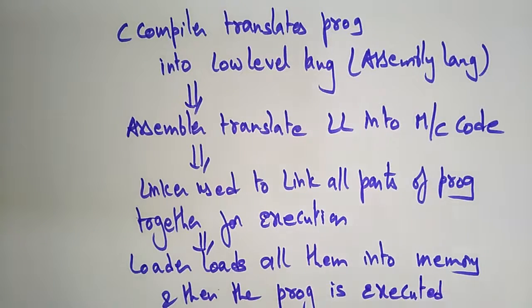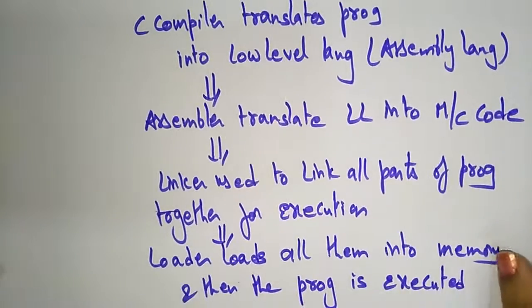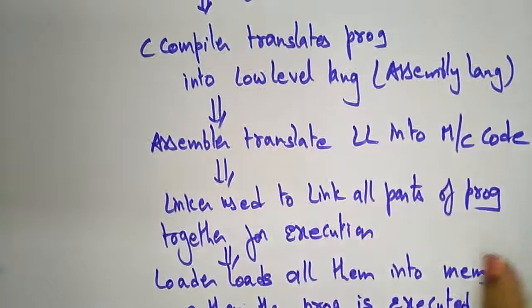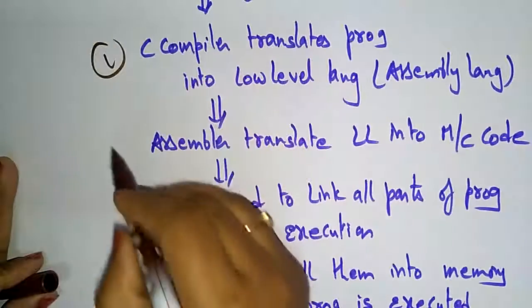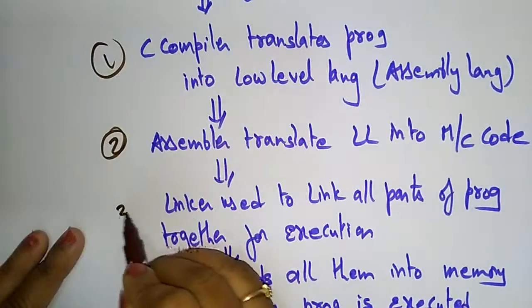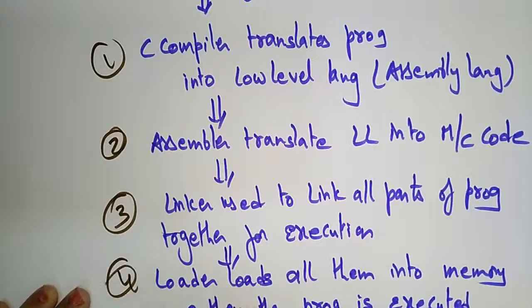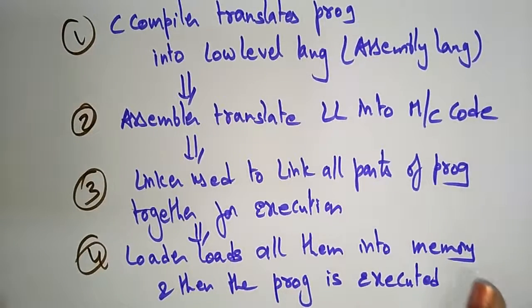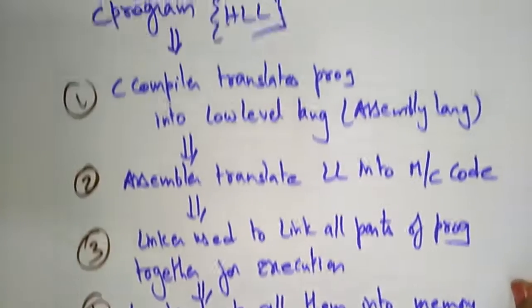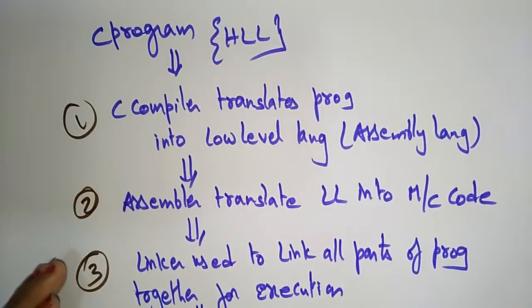Whatever program you write goes through this format: first the compiler, next the assembler, then the linker, and finally the loader, which loads everything into memory, and then the program is executed. So this is the general language processing system.